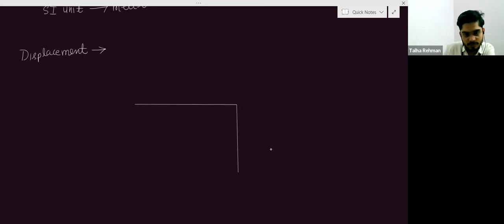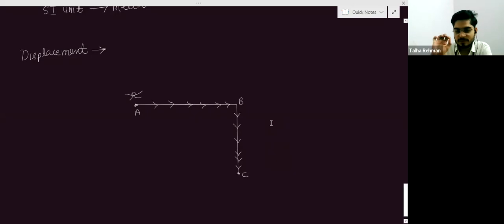The person started the motion from this point A, moves like this, then takes a turn and moves in this direction. Suppose finally this person is at point C.